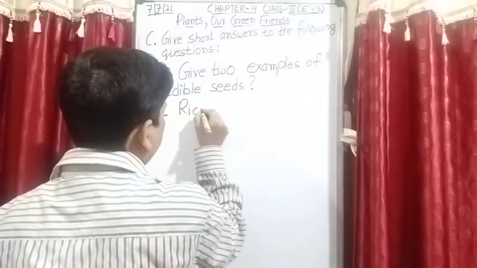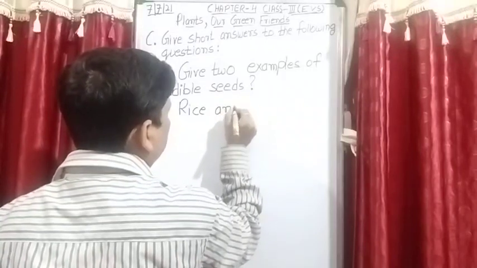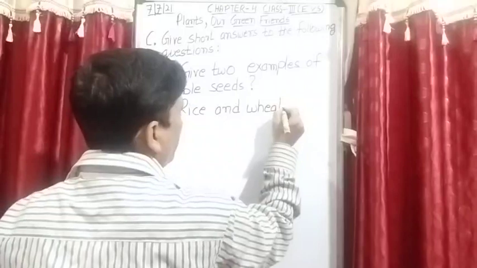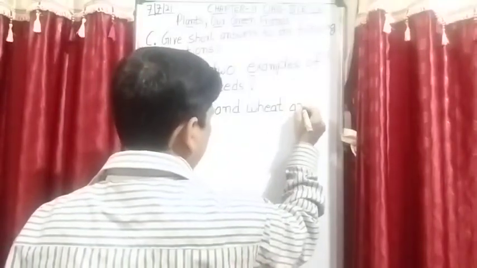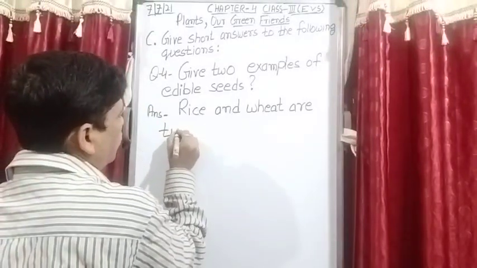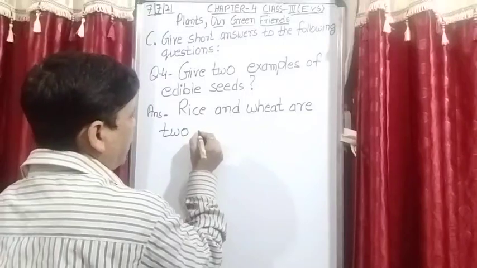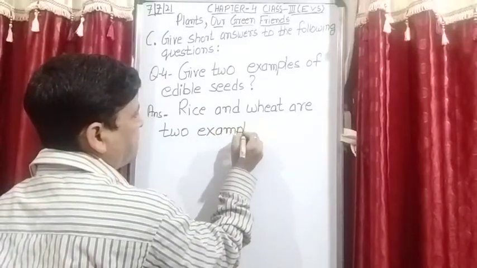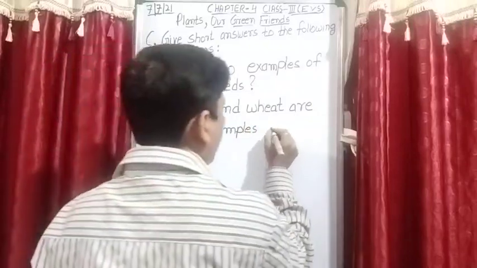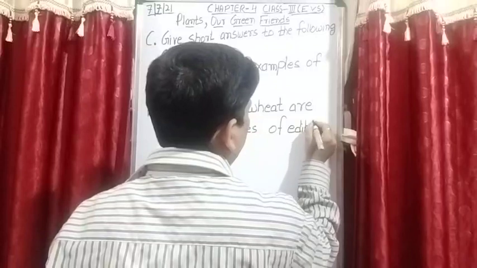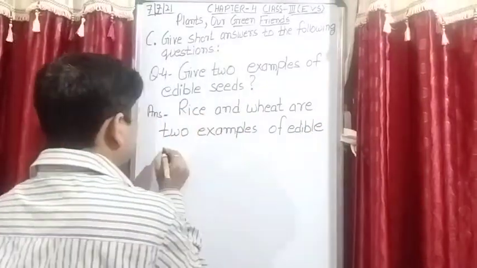Rice and wheat are 2 examples of edible seeds.